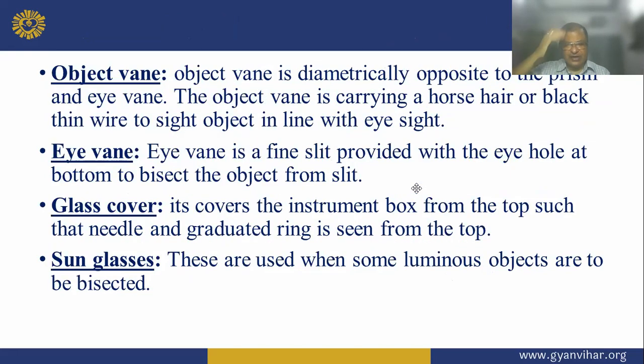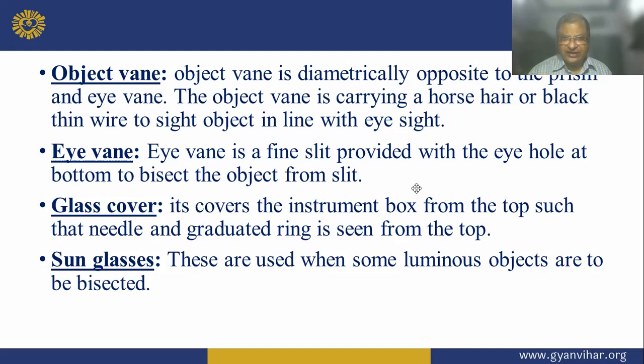Now the object vane. The object vane is diametrically opposite to the prism and eye vane.